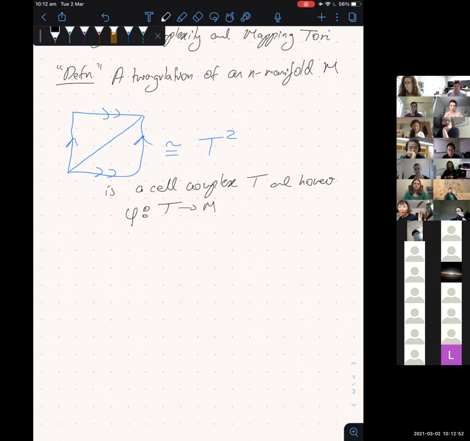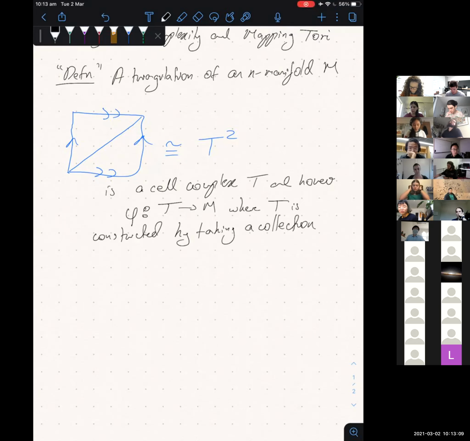A bit more general than a simplicial complex, but still really nice, where T is constructed by taking a collection of N simplices, because we still do want them to be simplices, right? And we're just going to identify them by faces. I'm skipping some technical stuff, but we're just going to identify faces.